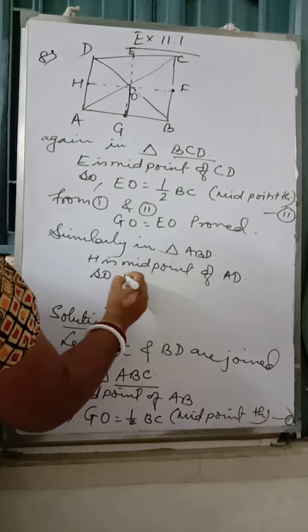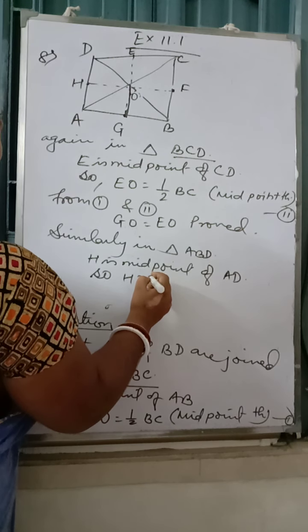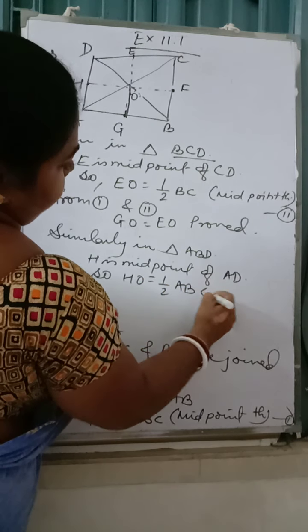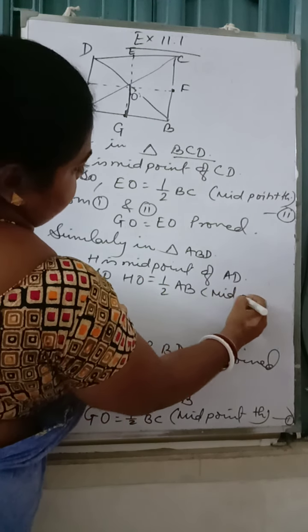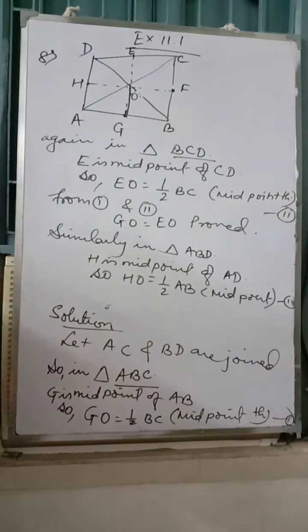So HO would be half of AB, midpoint. Number 3 situation.